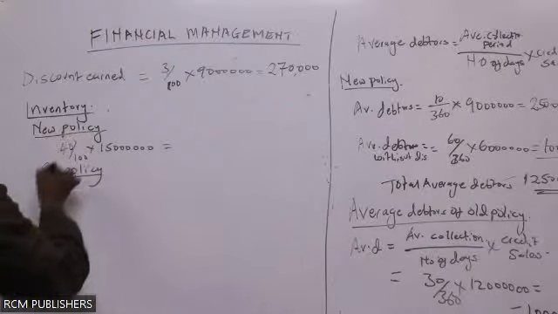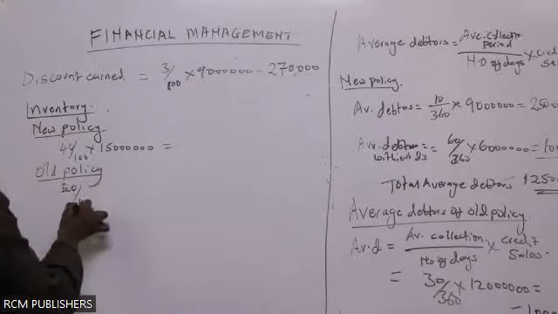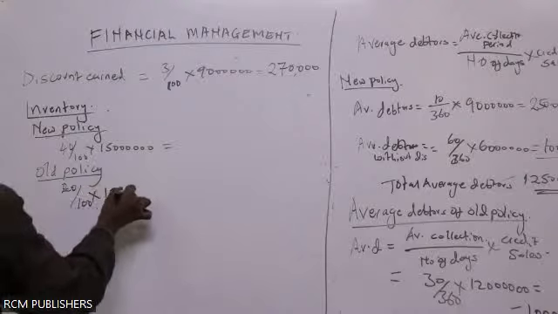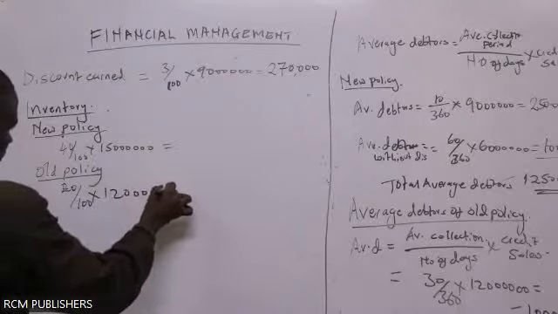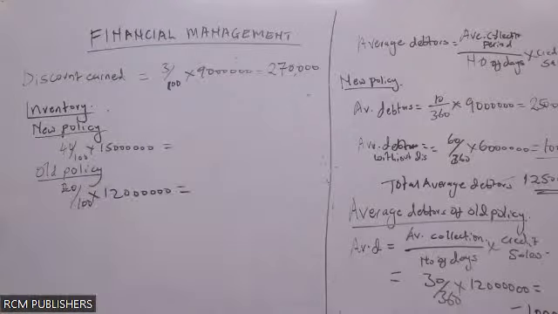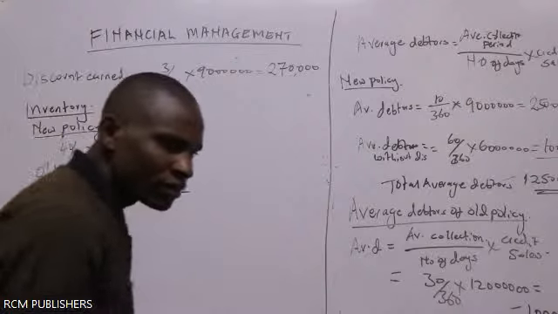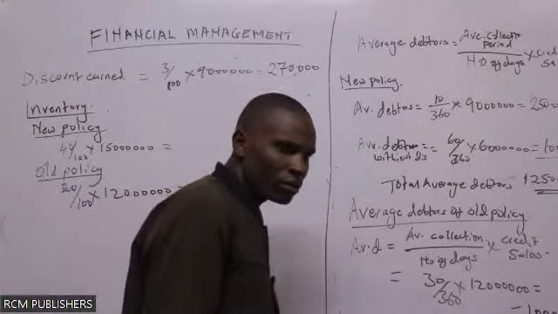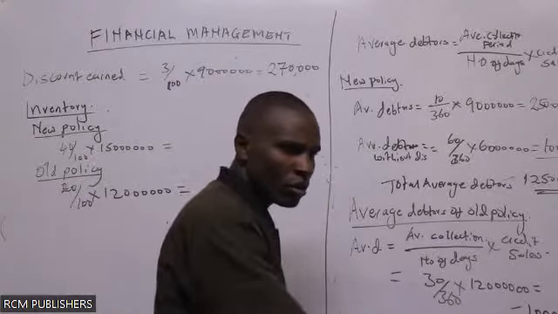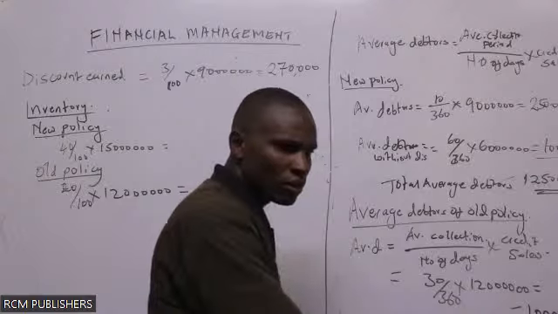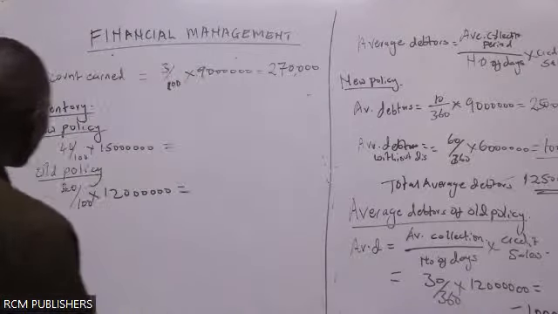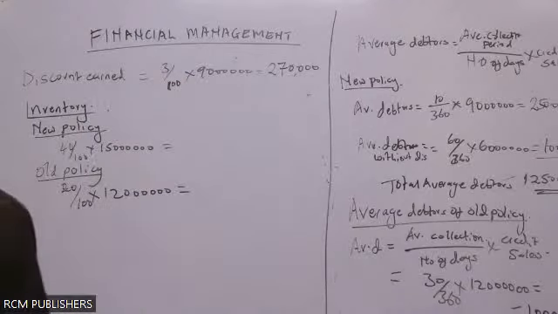Unajua wameipanga funny. So 20% over 12 million. So tunapata nini hapa na hapa? Ya kwanza tunapata nini? The 40%, goja kidogo.